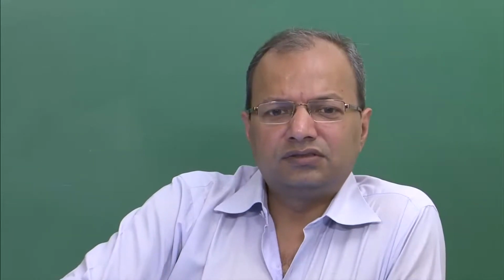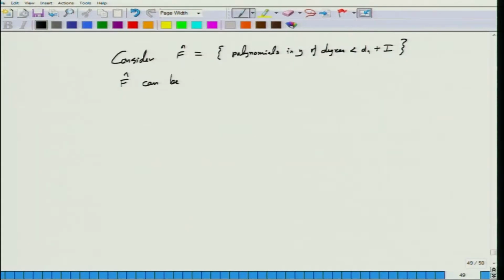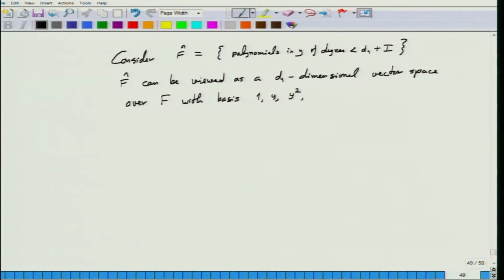Now, if you just look at polynomials in variable y of degree less than d1, this forms a vector space over F. I can view F hat as a d1 dimensional vector space over the field F, with basis being 1, y, y squared, up to y to the d1 minus 1.